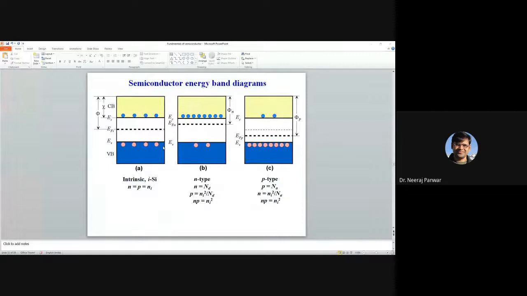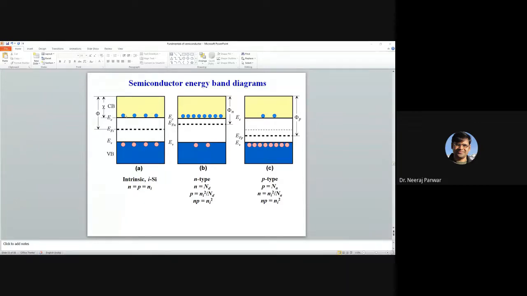And if we see the energy band diagrams of three semiconductors, one is intrinsic semiconductor, the other one is N-type semiconductor, and the last one is P-type semiconductor, we can see that in intrinsic semiconductor, the electron concentration in the conduction band is equal to the hole concentration in the valence band.